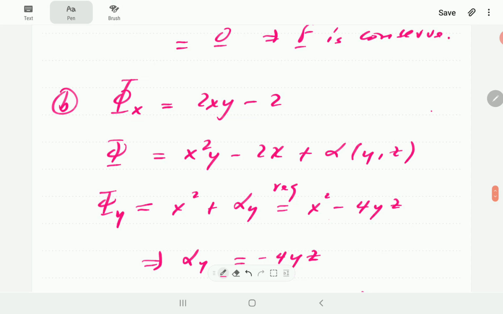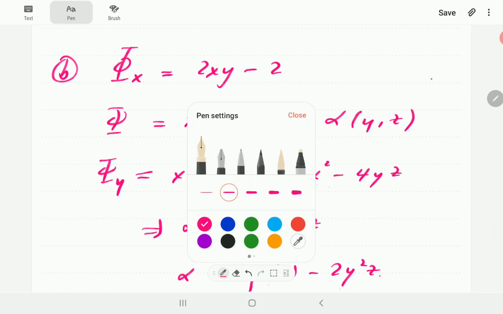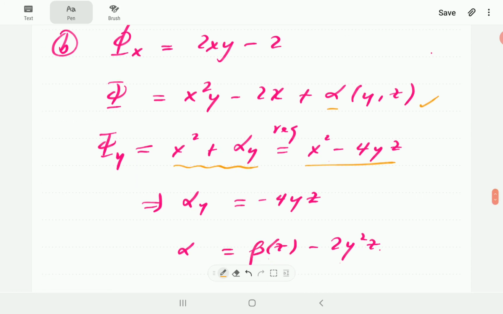So, and then for part 2, if we integrate the x component, we find this, where alpha is a function of y and z. We differentiate it partially, we find this, then we compare with the y component of the vector field. That tells us that the derivative of alpha with respect to y is minus 4yz.